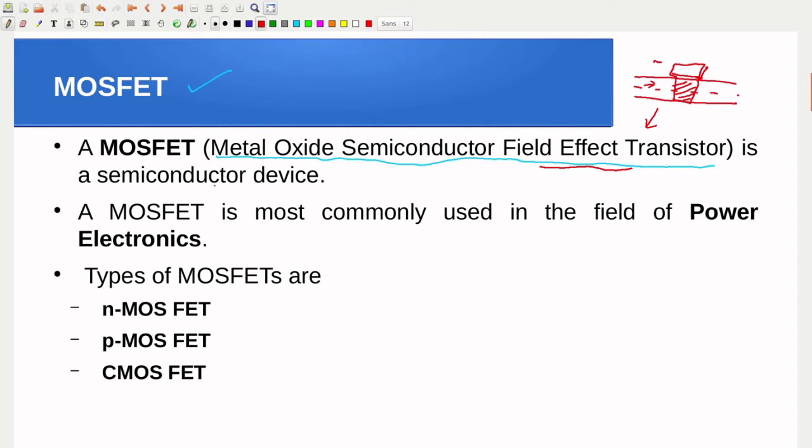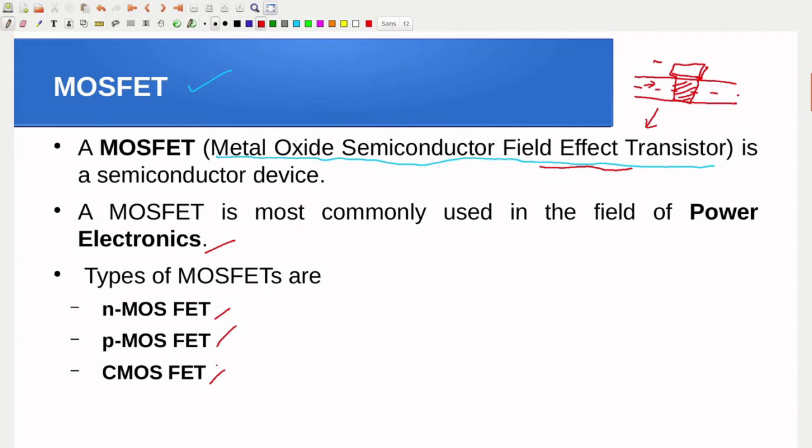And MOSFET is commonly used in the field of power electronics in industries. Generally, MOSFETs are classified into N MOSFET, P MOSFET and C MOSFET.